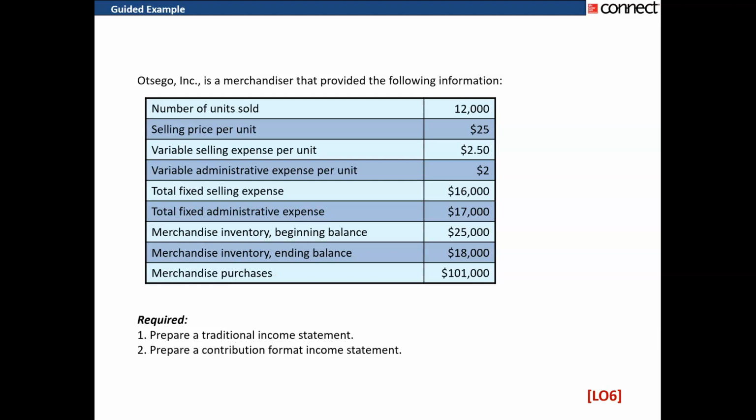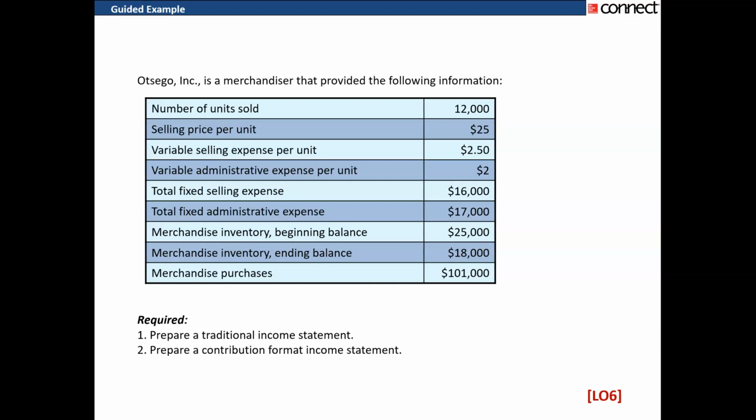Okay, one of the first things we're going to calculate is cost of goods sold. And cost of goods sold, which you should have learned from financial accounting, is beginning inventory plus purchases minus ending inventory. We will need to calculate that in our income statement.